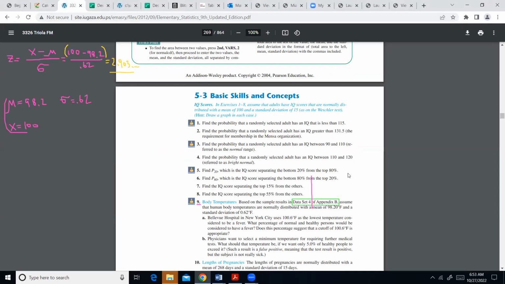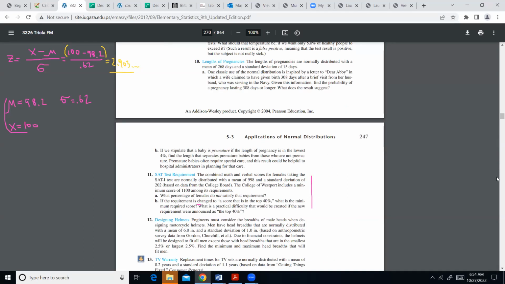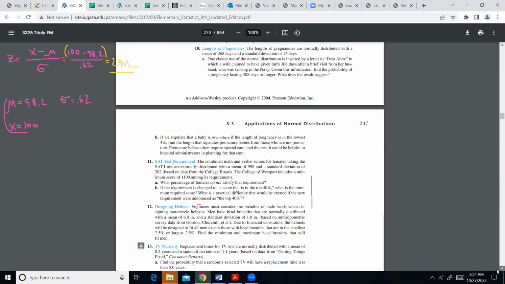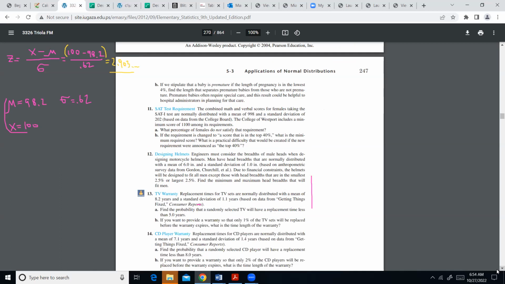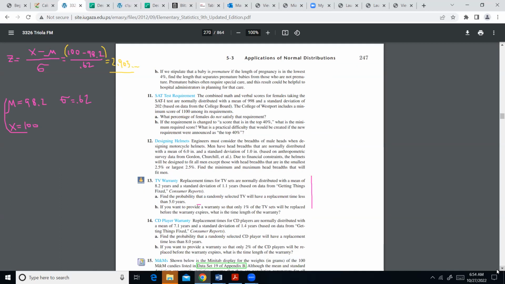So we had a number of problems that they wanted you to do to show how we can actually utilize the z-scores in real life situations. I can do problem number 13, so one can see and appreciate this whole procedure that talks about the TV warranty.